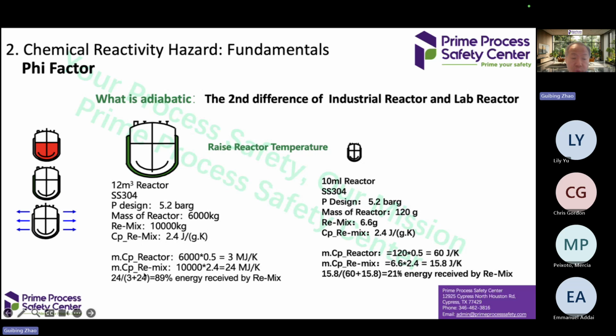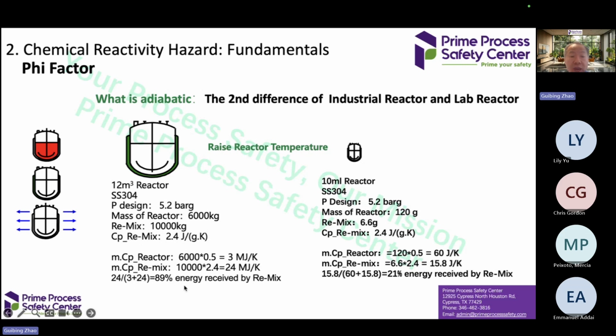And for the reaction mixture, the heat capacity is 24 megajoule per K. That means if temperature increases 1 K, the chemical can suck like 24 megajoule. If we make this ratio, you can see how much energy is sucked by the reaction mixture, and this is the total energy sucked by the reactor and the reaction mixture.